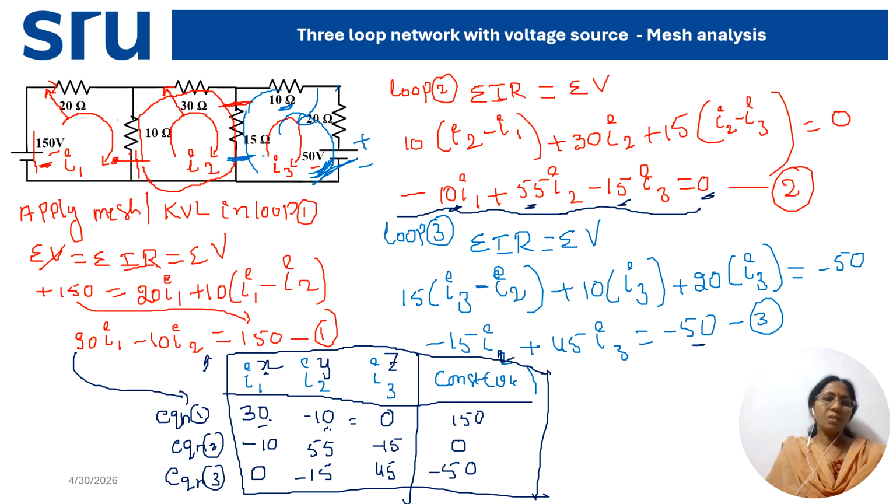The first one is 0, equals, the second element is minus 15, equals, 45 equals, minus 50. After entering minus 50 and pressing equals, it will show minus 50 only. Now again you have to press equals 2 times. Okay, equals.